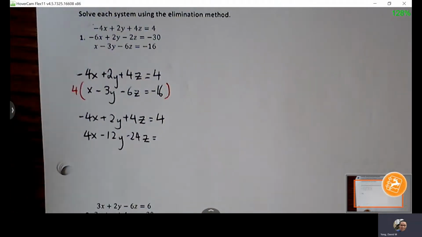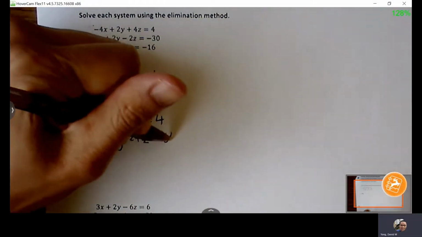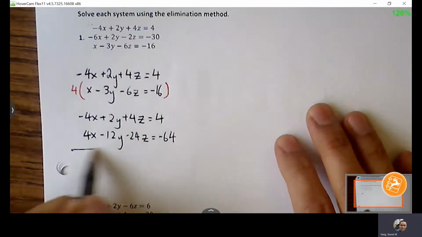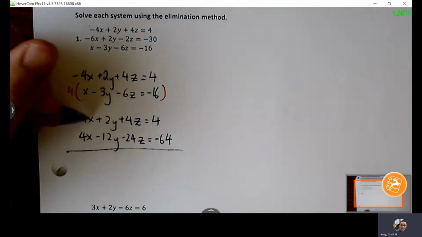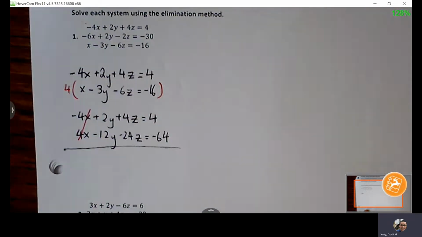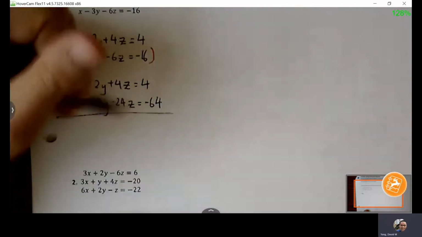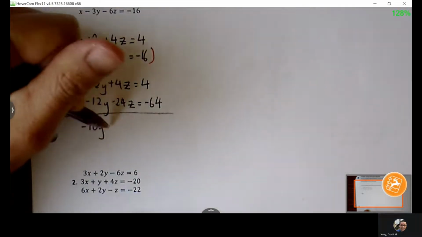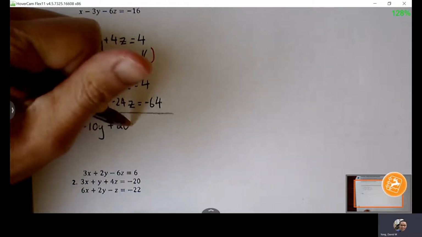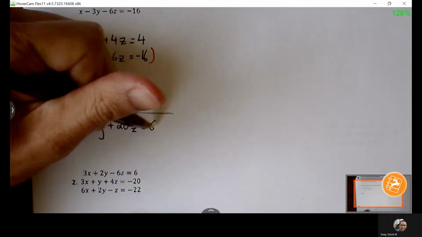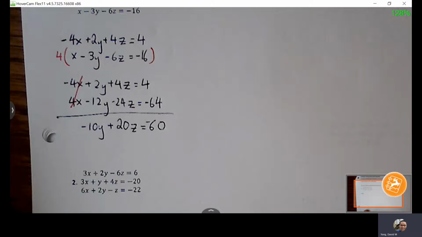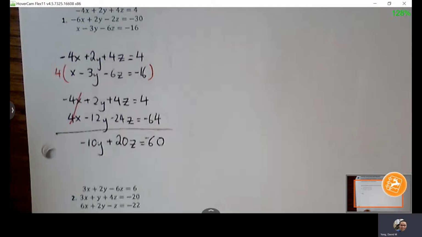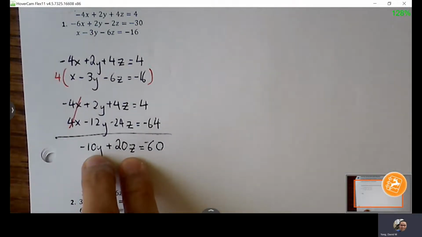And then 4 times 16 gives us negative 64. All right, let's see what we have by adding up each of the columns here. We know the x's go away, just like what we planned for that to happen. And then just add up the remaining columns. Okay, so we have y and z remaining.